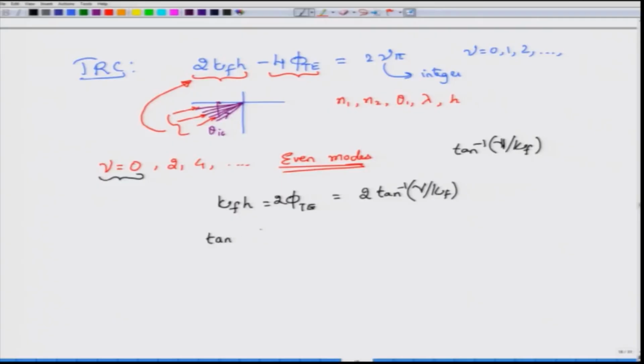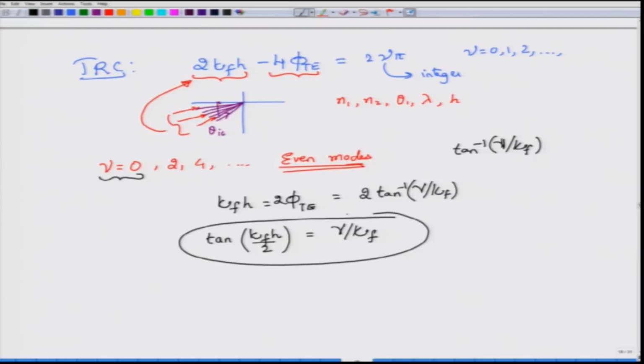So, the condition that you would have is that tan of kappa f h by 2 must be equal to gamma divided by kappa f. This is the simplified condition, and although we derived it for the case of nu equal to 0, it is true for all even modes. So, for all even modes, the transverse resonance condition can be simplified by writing tan of kappa f h by 2 equals gamma by kappa f.